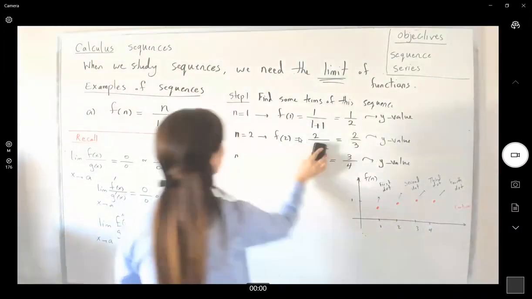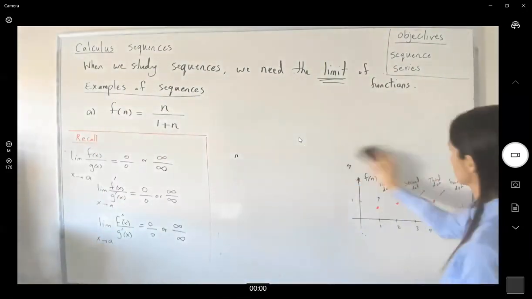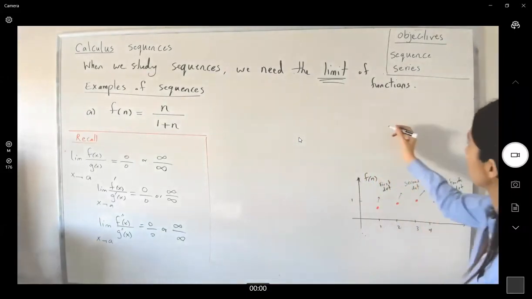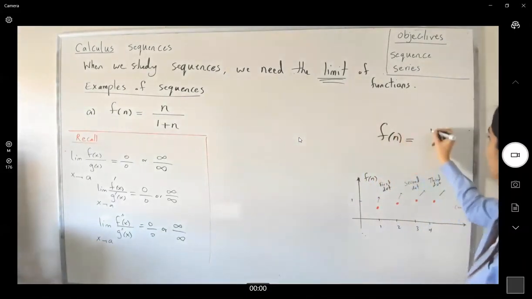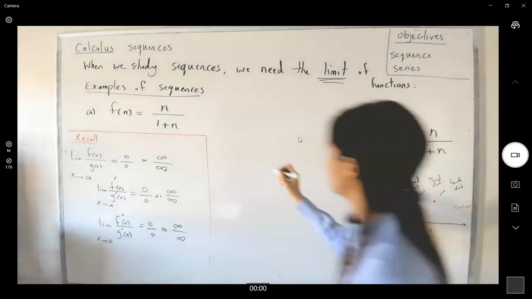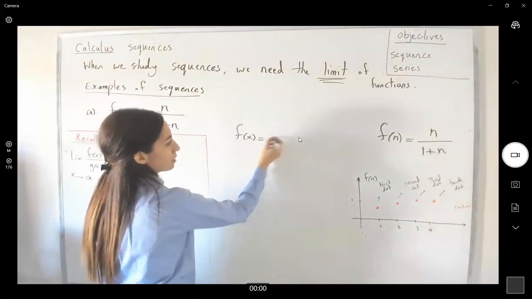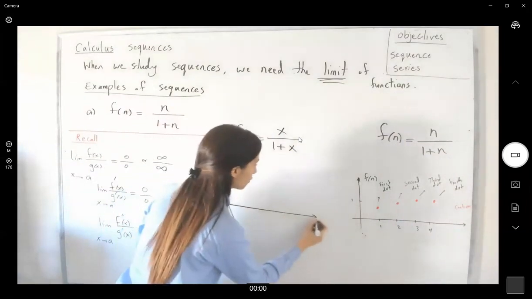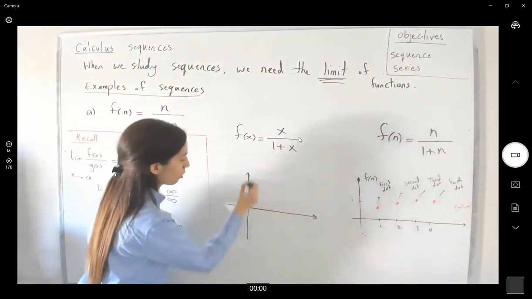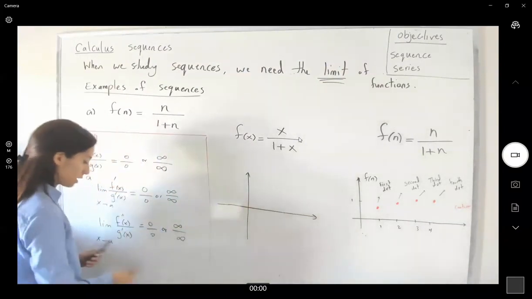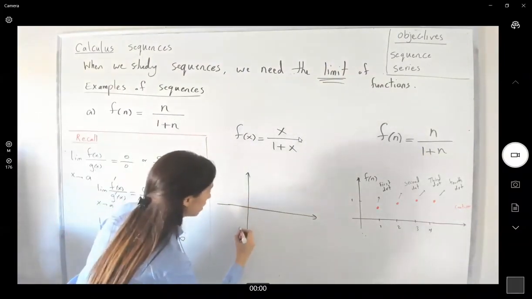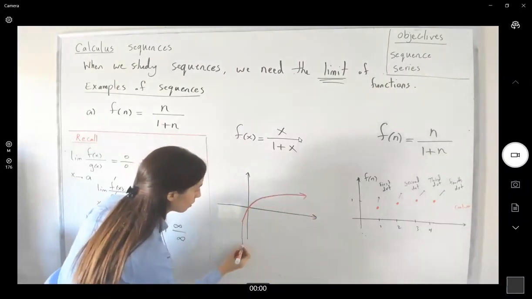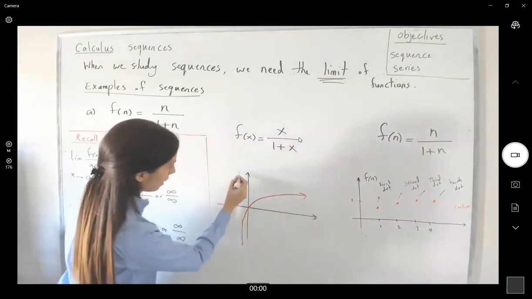So this is the graph of our sequence, the graph of f of n equals n over 1 plus n. And the graph of f of x, which is x over 1 plus x, is the graph of a reciprocal function which behaves like this. The graph is continuous, and because of the vertical asymptote, it has 2 parts.